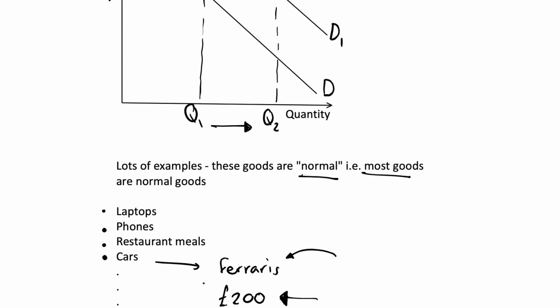So that's a little introduction to what we might think of as inferior goods, goods where the demand decreases as our incomes increase. However, I will discuss those in the next video.